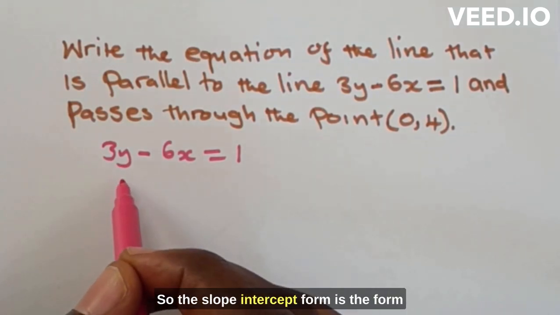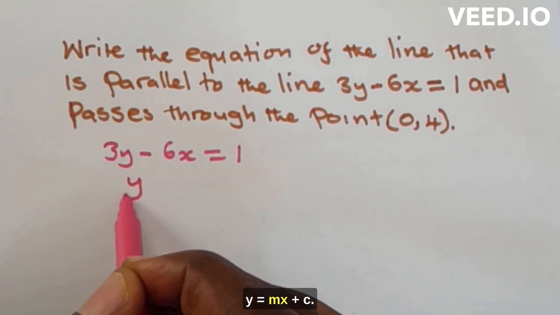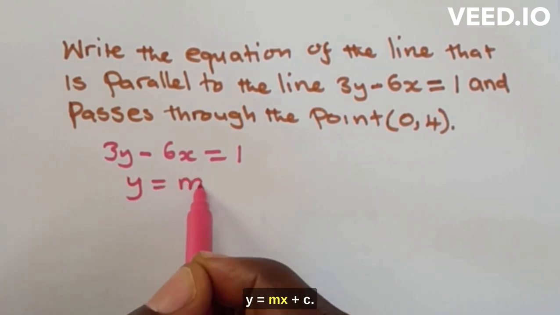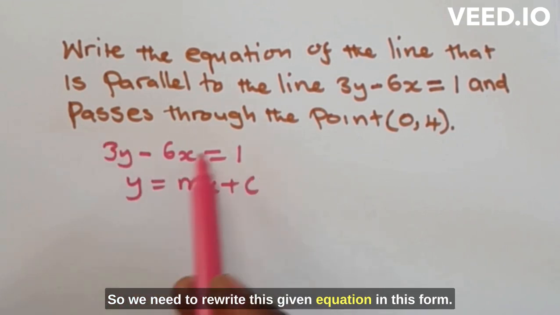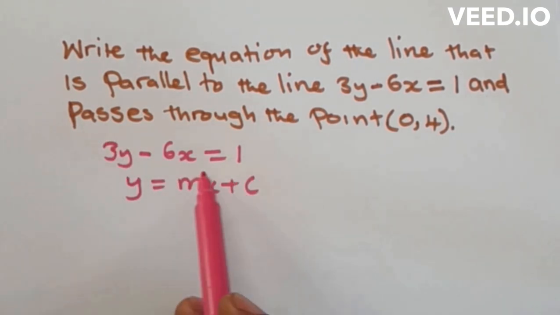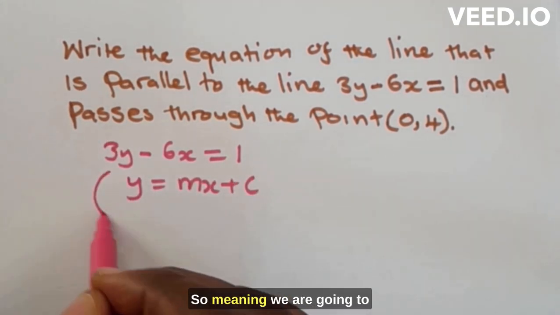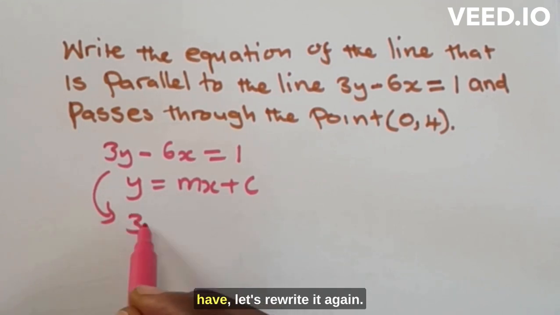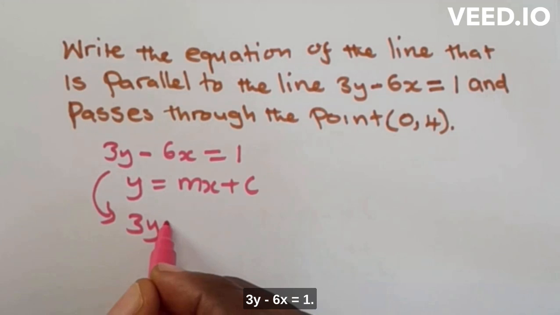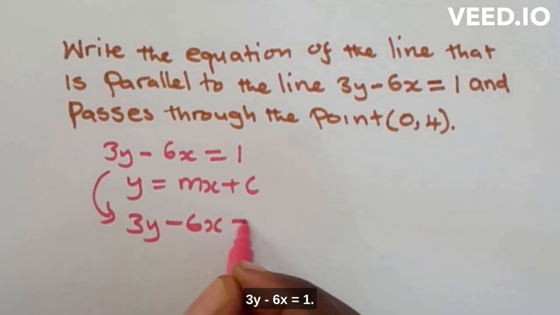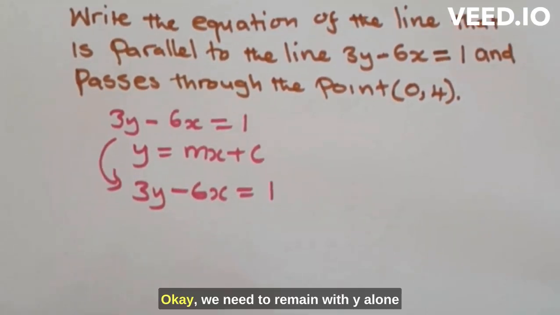The slope-intercept form is the form y is equal to mx plus c. So we need to rewrite this given equation in this form. Let's rewrite it again: 3y minus 6x is equal to 1.